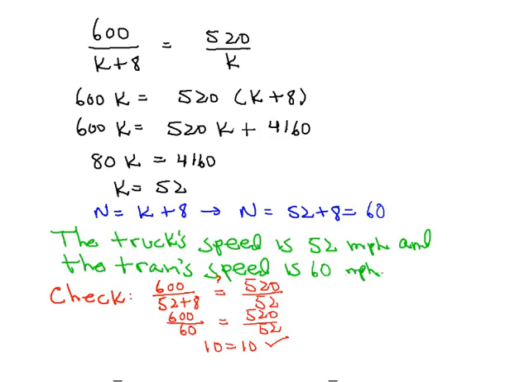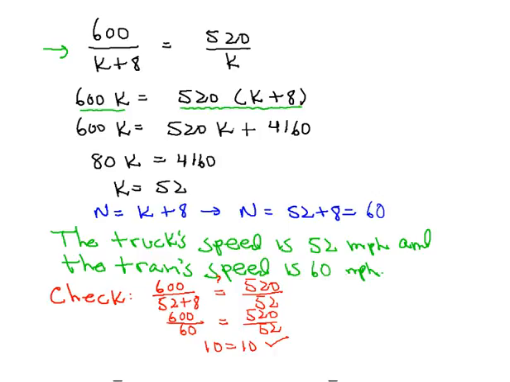So continuing with the equation that we created in the last step, which was 600 divided by K plus 8 equals 520 divided by K. If we cross multiply, I think you can see that we'll get 600K is equal to 520 times the quantity K plus 8.